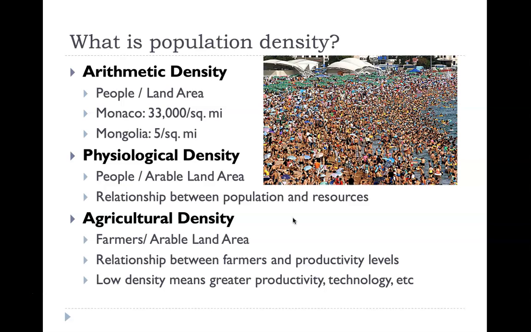Right? And our third one is agricultural density, and this is the number of farmers, not the number of total people, but just the number of people who farm divided by the farmland. So it's farmers divided by farmland, and this is a measure of development. Richer countries, developed countries, do not have very high agricultural density because they don't have a lot of farmers, because those farmers have productive means to farm, and they can farm a lot of land with not a lot of people, right?